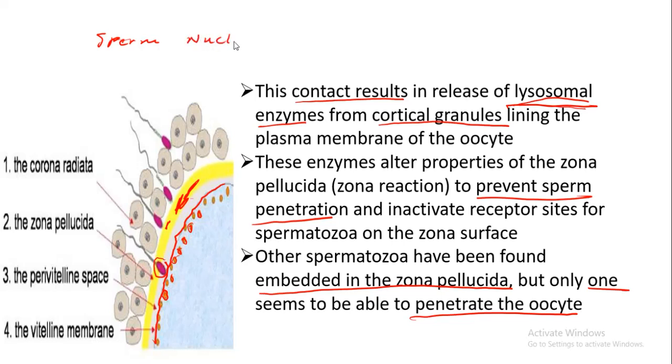Let me write it down: the sperm nuclei and the oocyte nuclei. These two nuclei are the ones which fuse to form a zygote after all these processes have taken place.